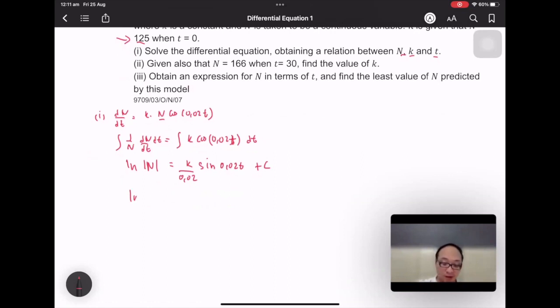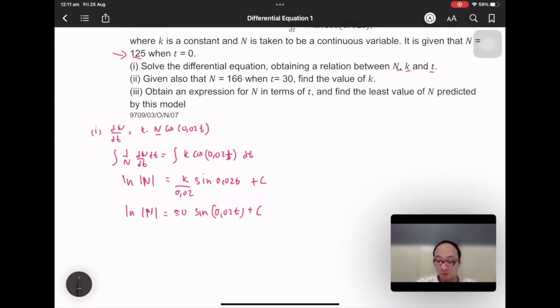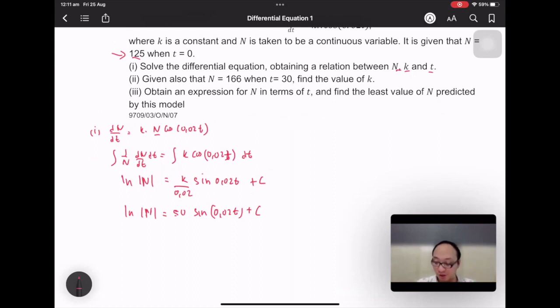So that means ln N equals 50K sine(0.02t) plus C. And then we can put the value N equals 125 when T equals 0.